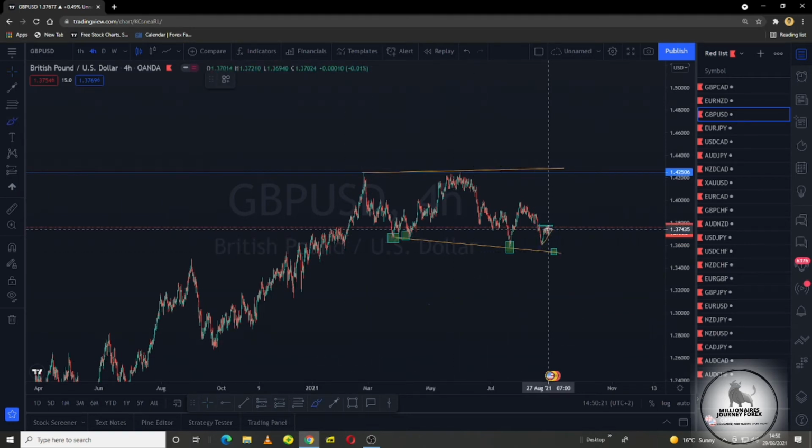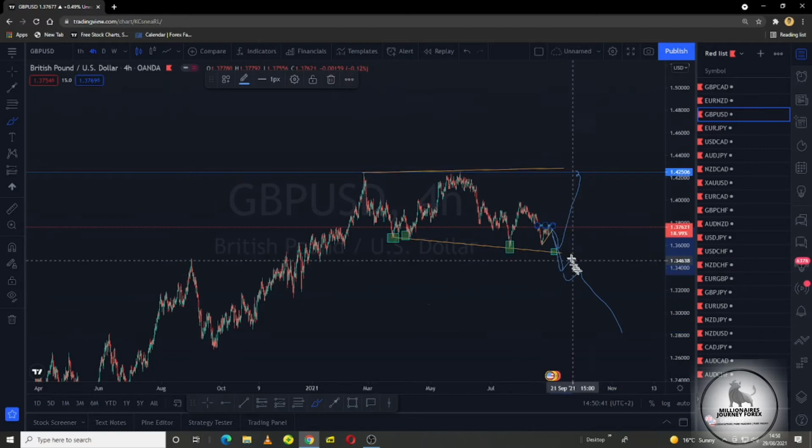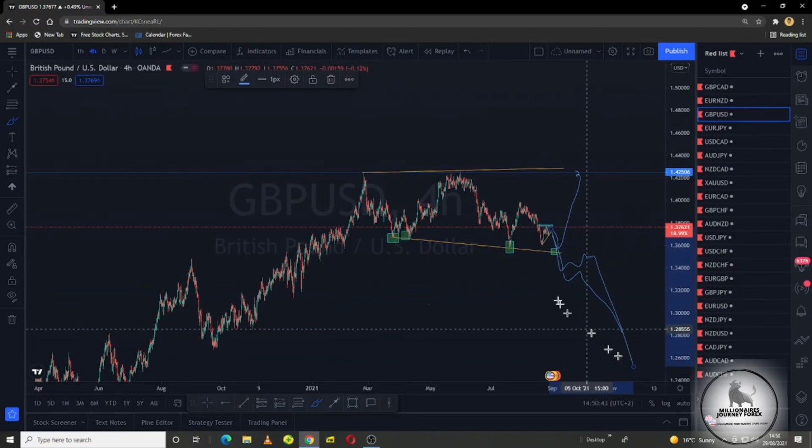We can anticipate that price will come down here, and then we can catch our buys until here or even to this level. But that doesn't mean price doesn't have a chance to break this level. Price can still break this level and push down. If it does that, you need to wait for it to break, give you a correction, and then push to the downside, right?